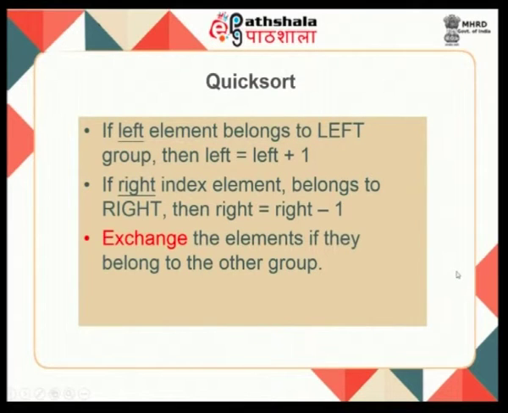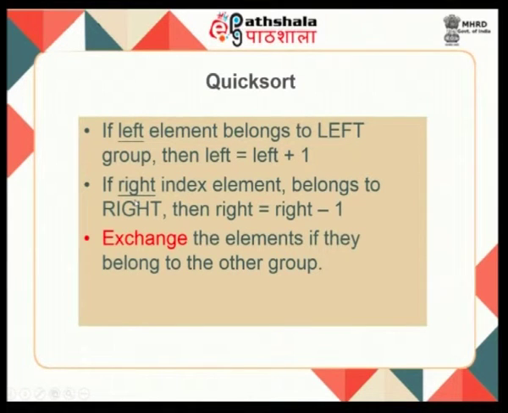How does the exchange take place? If the left element, that is the element pointed by the left pointer, actually belongs to the left group, that means the element is lesser than the pivot element, then the left pointer is incremented, that is left becomes left plus 1.